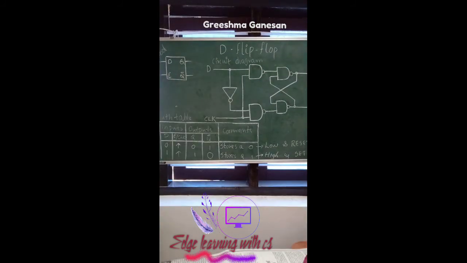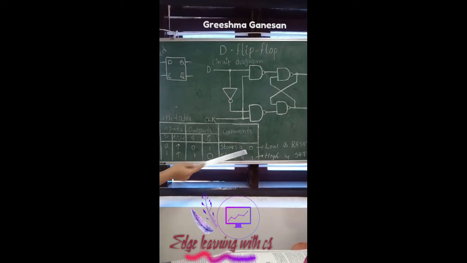In this case, if our input is 0 and the clock is high, then Q will be 0 and Q dash will be 1. We are storing a 0, the state will be low here, and the condition will be reset, because the storage of value depends upon this 0.